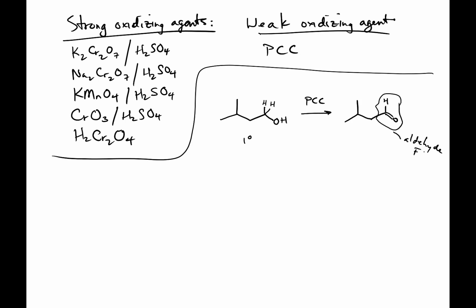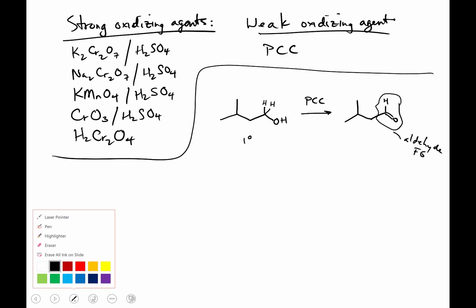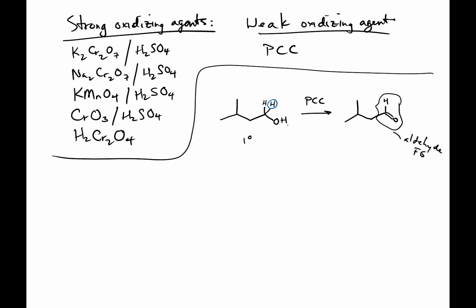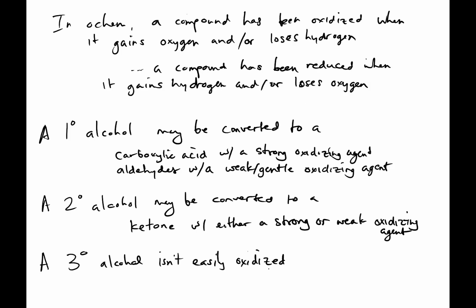functional group. The oxygen stayed in the same place, but what do you notice happened? Take a look. This hydrogen is now gone, and this hydrogen is now gone. Remember what amounts to an oxidation: notice a compound's been oxidized, just what we wrote, when it either gains oxygen and or loses hydrogen.